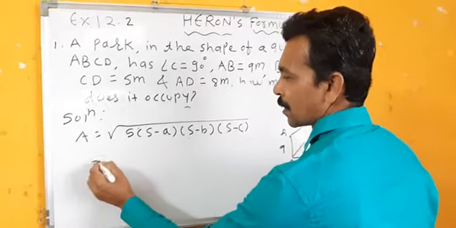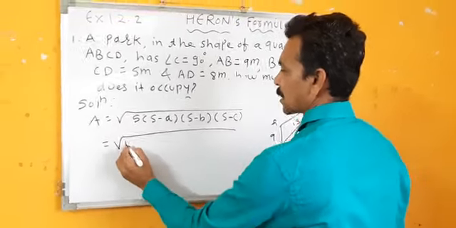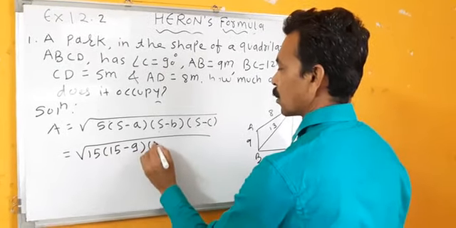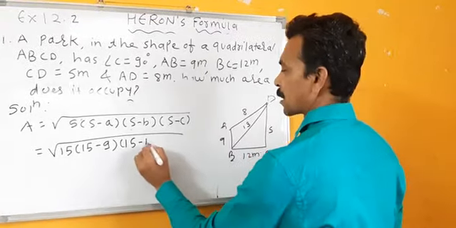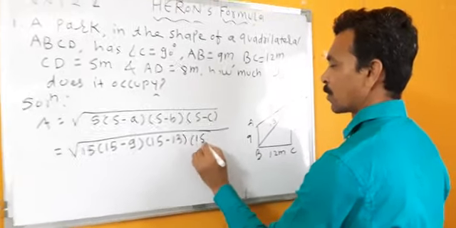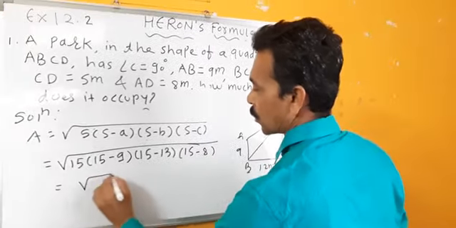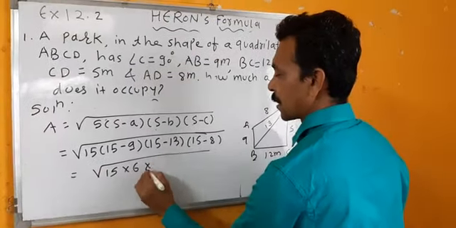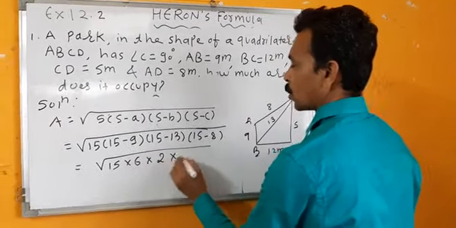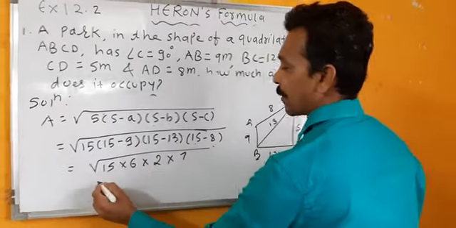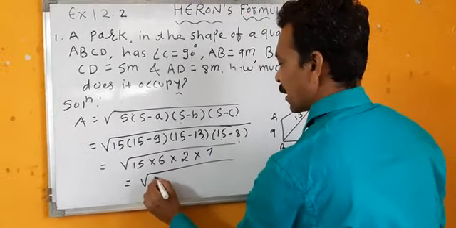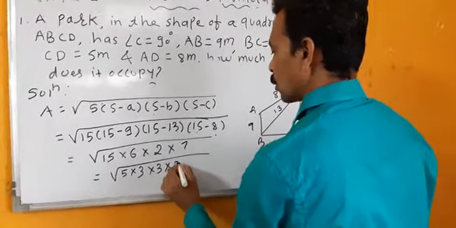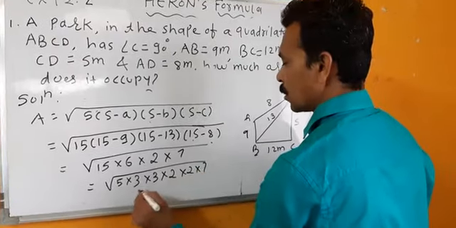Now we'll place the values. 15 into 15 minus 9 into 15 minus 13 into 15 minus 8, which is 15 into 6 into 2 into 7. 15 means 5 into 3, 6 means 3 into 2, into this 2 into 7.